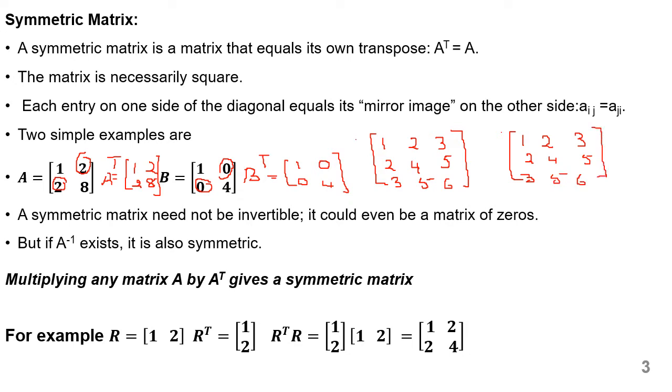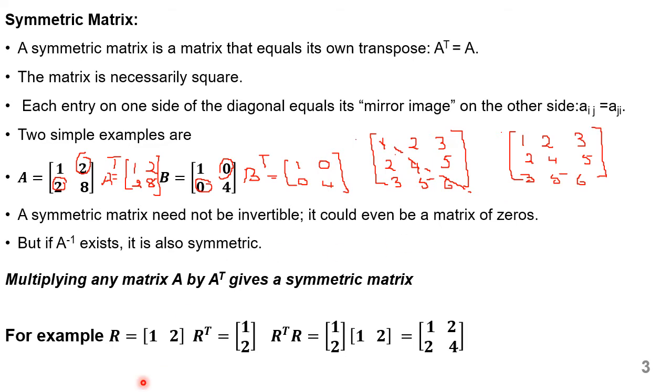So you will see that A will be equal to A transpose, or the matrix transpose is always equal to the matrix in the case of a symmetric matrix. And this is the diagonal we have. When you take a mirror image, you will see that this 2 is equal to this 2, 3 is equal to 3, 5 is equal to 5, which means that Aij is equal to Aji.